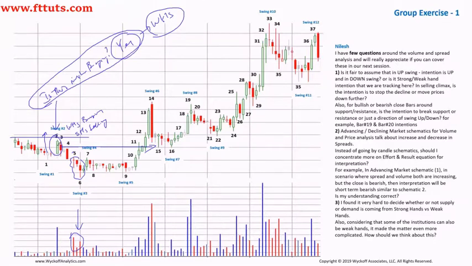So on the point of entry by this institution, I definitely would say that this institution acts as weak hands.